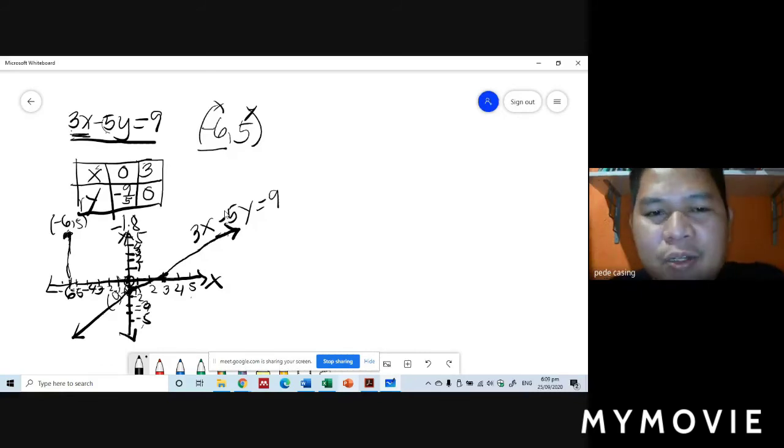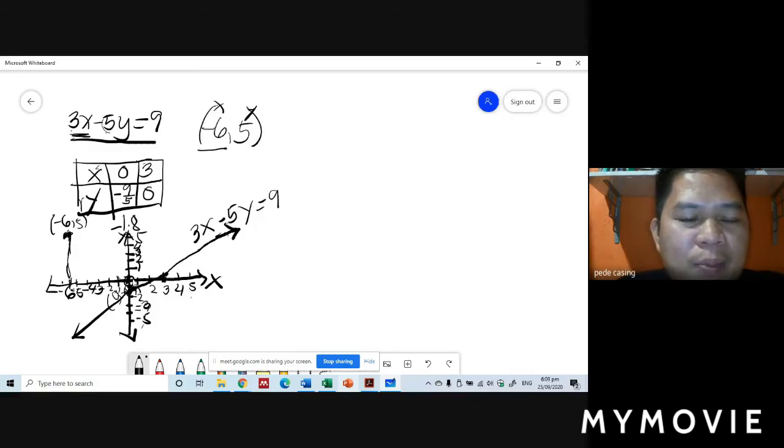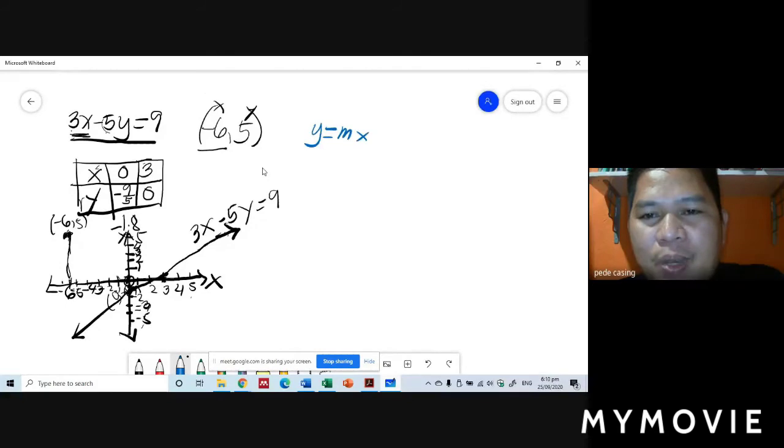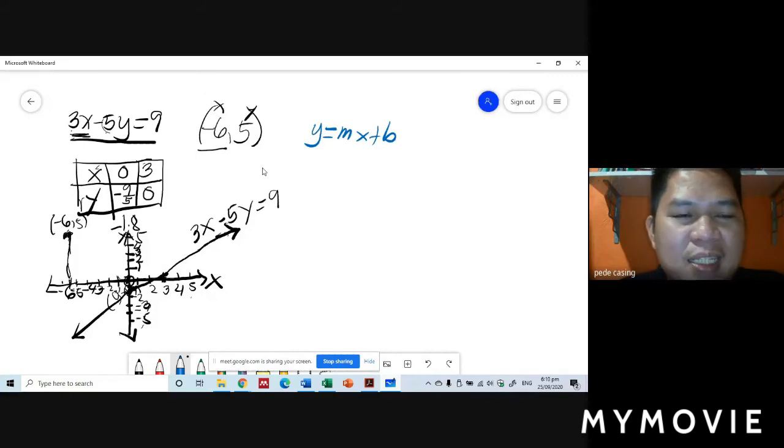Ang question karon unsaon pagpangita sa usa ka equation nga dapat mo parallel ani nga point. We are going to follow the slope-intercept form. Y equals mx plus b. Remember nga kanang 3x minus 5y equals 9.